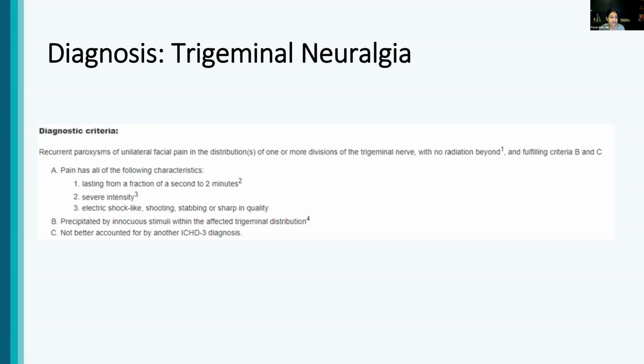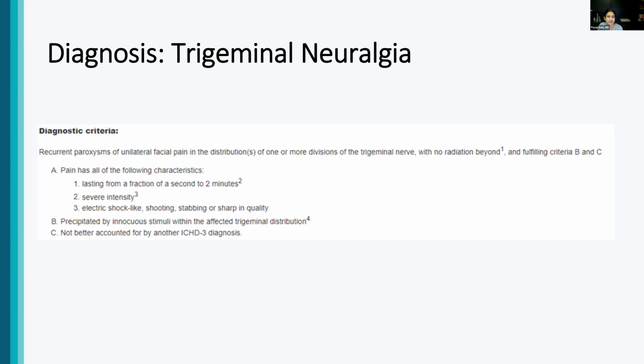And finally, that last letter B in the diagnostic criteria says that it's precipitated by innocuous stimuli. So these are those tactile triggers. If somebody doesn't have any tactile triggers, and touching the face or talking doesn't trigger their pain at all, that makes me think that maybe there is something else going on, or trigeminal neuralgia may not be the diagnosis here.